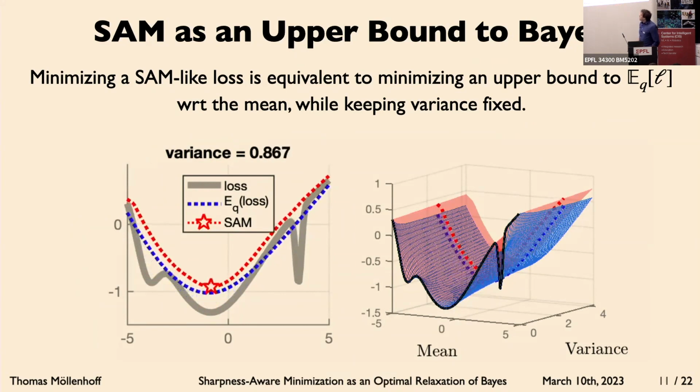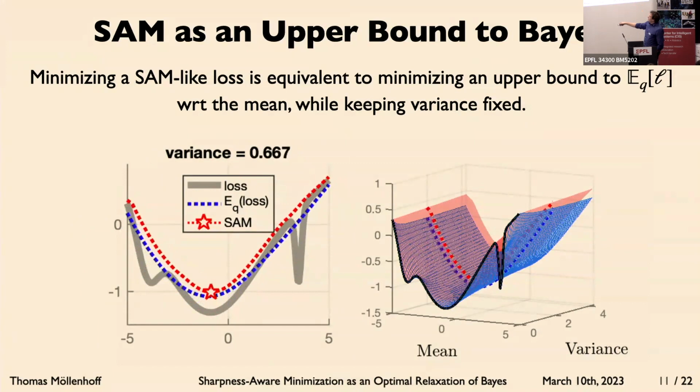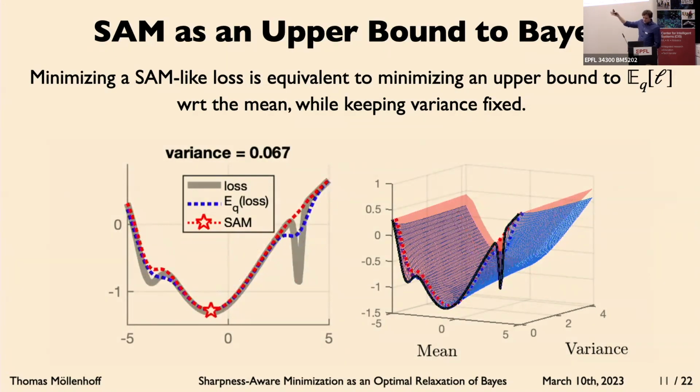If we optimize in this distribution space, it corresponds to a lifting to this higher dimensional, two-dimensional space, where these slices, as we increase our variance, correspond to more and more smoothed versions of the loss. We will see that SAM is equivalent to optimizing a certain upper bound to this expected loss. It turns out to be, in some sense, an optimal upper bound.